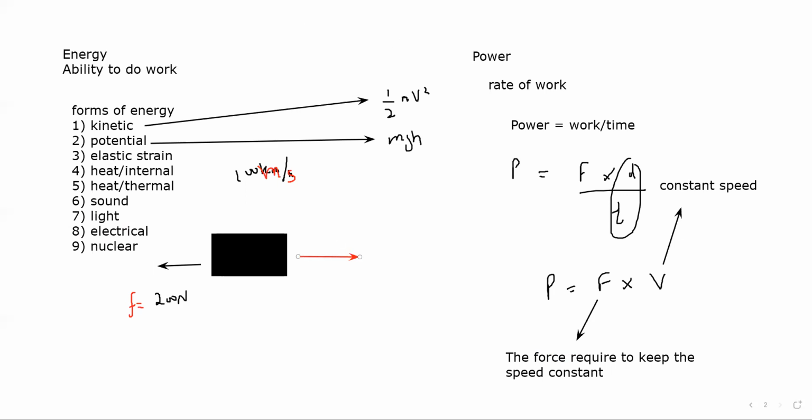So the resultant force is zero here because the speed is constant. The force which is required to maintain a constant speed multiplied by the speed of the object, we can find the power generated by the engine of this car or the engine of the vehicle. Is it clear?